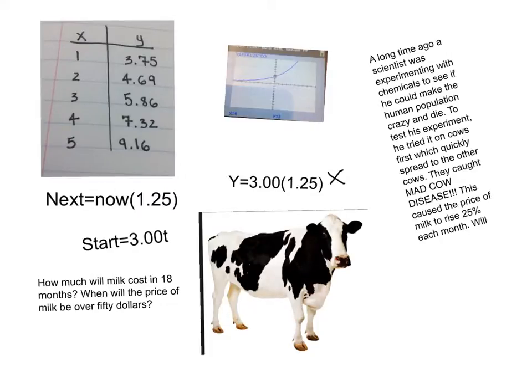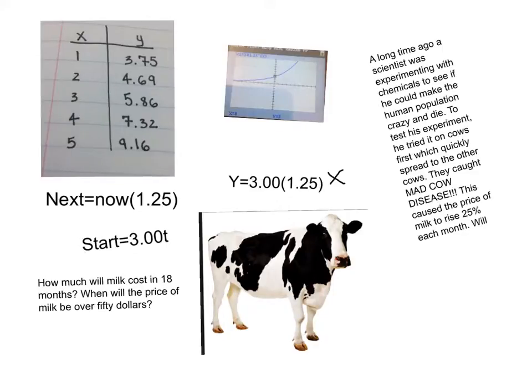To get 1.25, we did 25 divided by 100, which gave us 0.25, and then 1 is 100%, so we did that to get 125%, which is equal to 1.25. And then by doing that, raised to the x power, so we can replace that with the amount of months, and let's say we do 2, that will give us what the price of milk will be in 2 months.